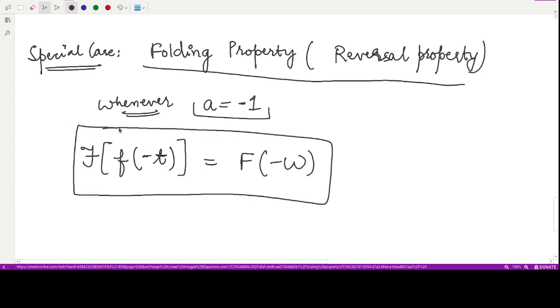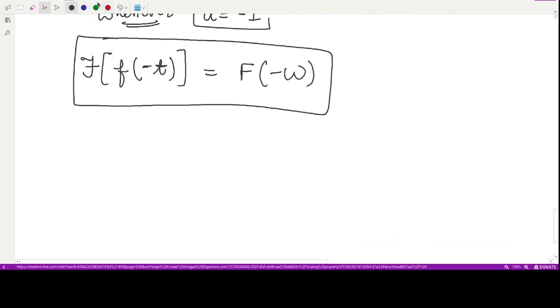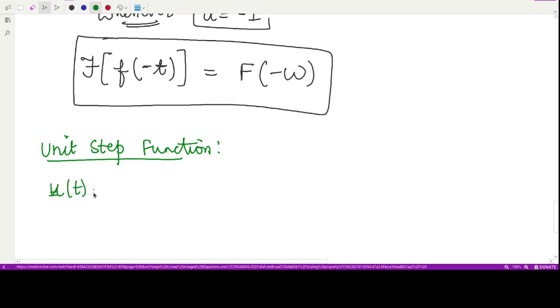So for an example of this reversal property, I can give you one example here. Suppose we have the unit step function. It is the function which is usually defined by u of t, whose value is equal to 1 whenever t is greater than or equal to 0, and 0 otherwise.